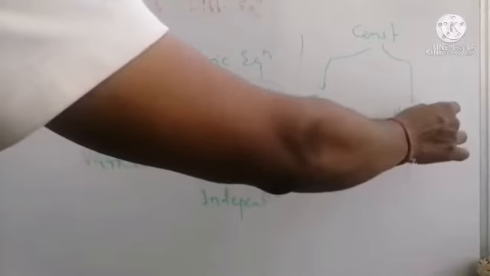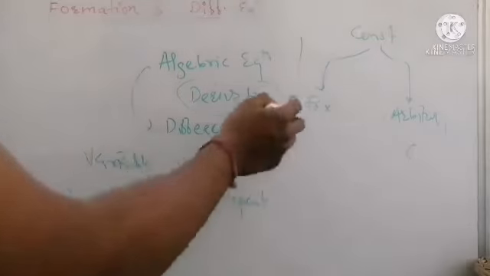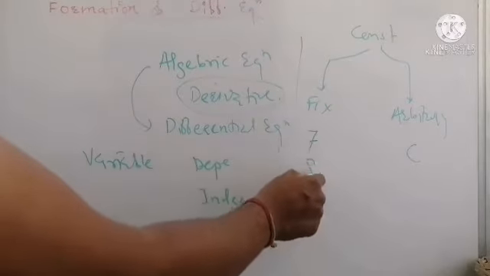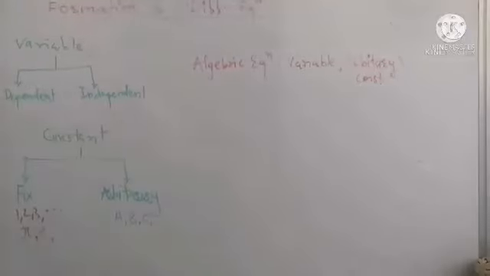As we studied, the constant of integration C is an arbitrary constant, which is in general represented by capital letters A, B, C, and fixed constants are numbers which have a definite value, 7, 8, 9, 1, 2, 3, which are the fixed constants. So an algebraic equation consists of variables and arbitrary constants.